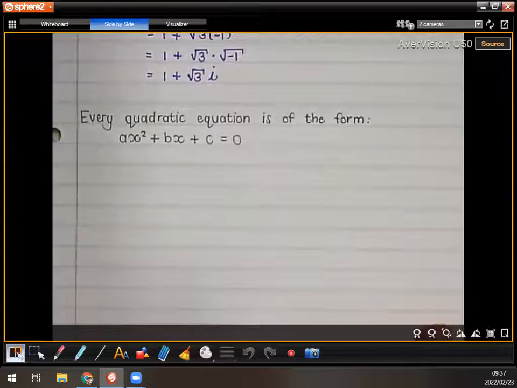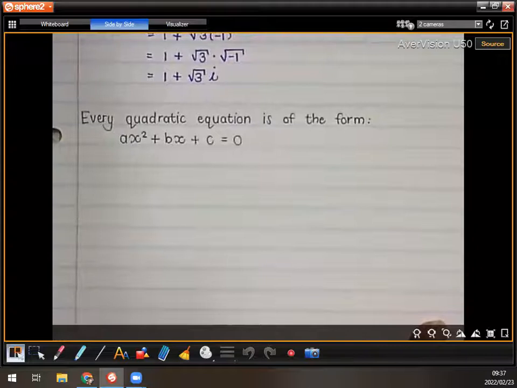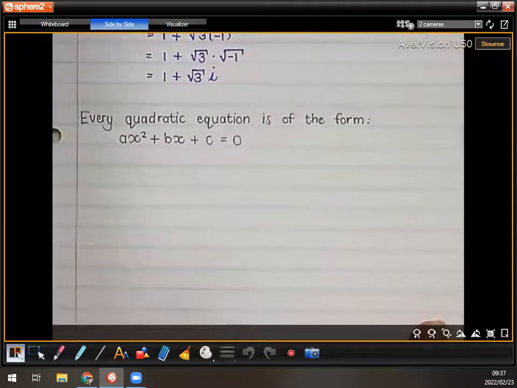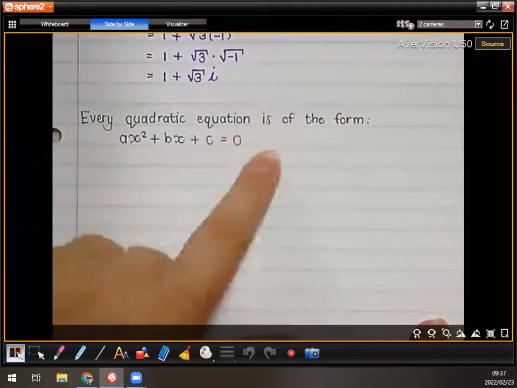So if you think of quadratic equations that you might have solved last year, it would be something like x squared plus 2x minus 1 equals 0. All right, so this is just saying that any quadratic equation can be written in this form.